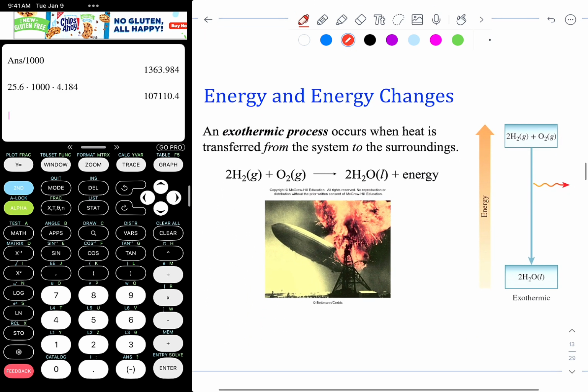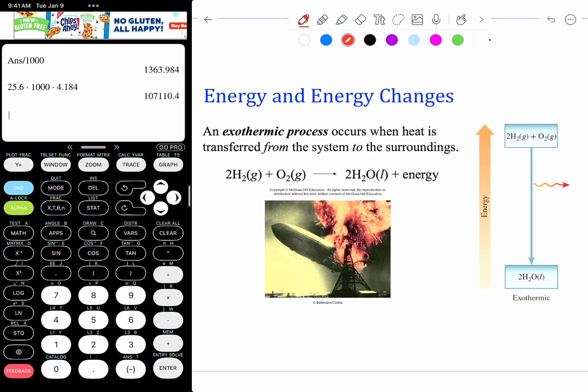So when we have heat that's being transferred between the system and the surroundings, we have different processes that can happen. The first is an exothermic process, and this occurs when heat is transferred from the system to the surroundings. And a big example of this is the Hindenburg accident. Anything that really explodes is going to be exothermic.